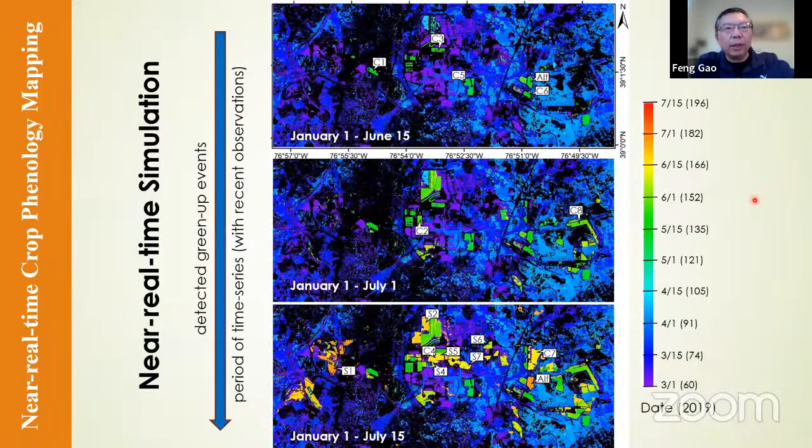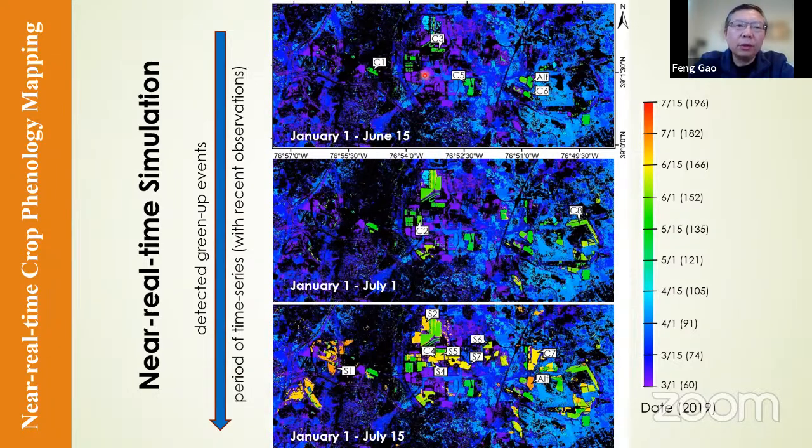This is a near real-time simulation. We did this simulation using the Venus time series. This slide shows the growing-up dates detected using the Venus NDVI time series from January 1st to June 15, then from January 1st to July 1st, and then until July 15.